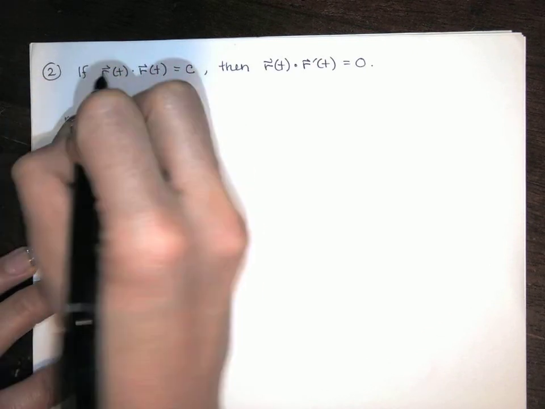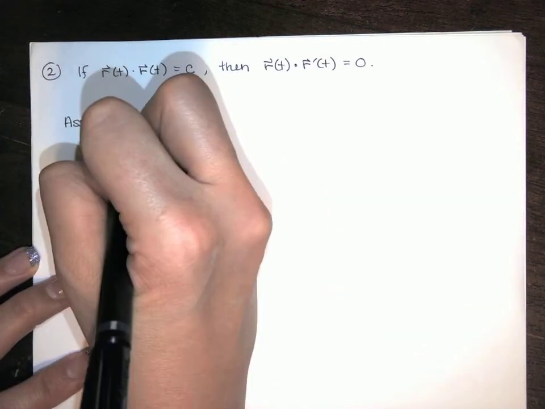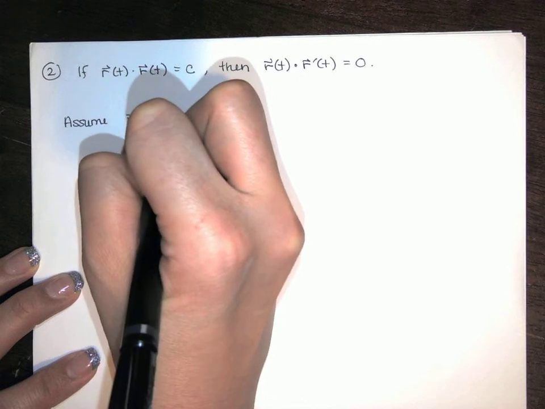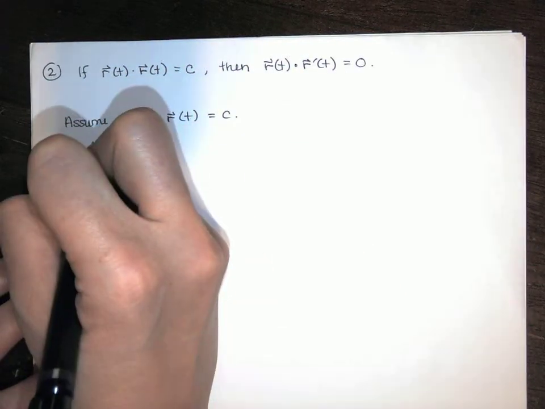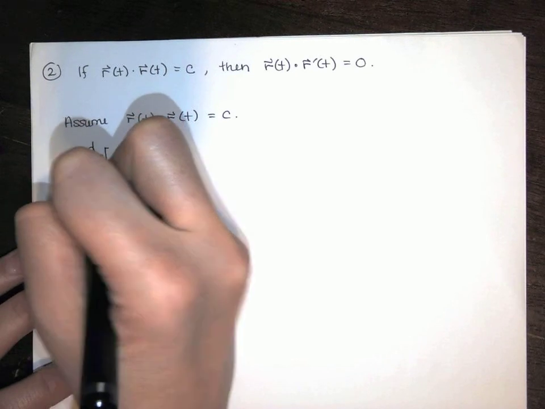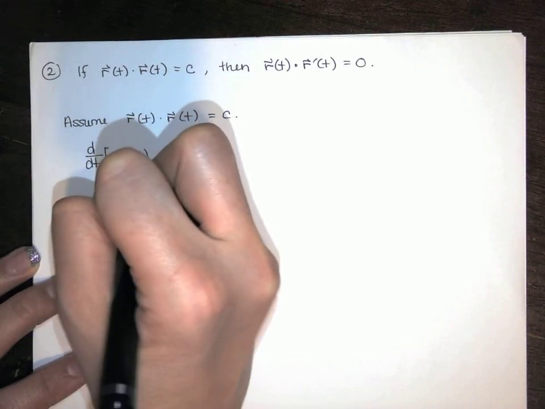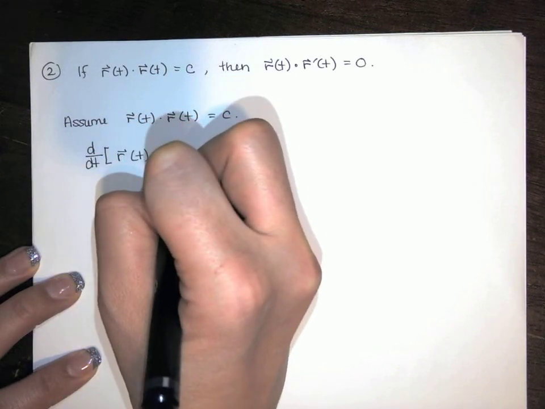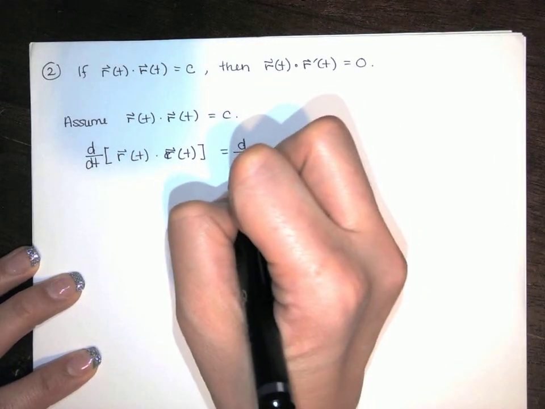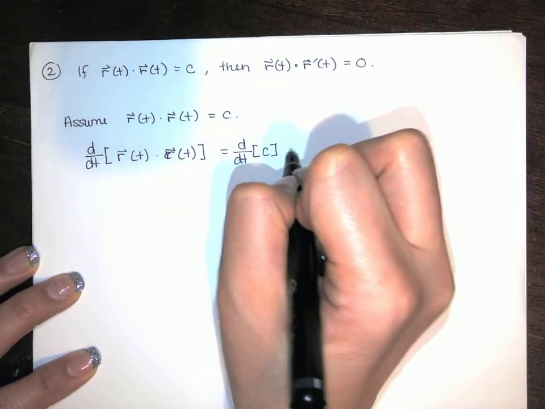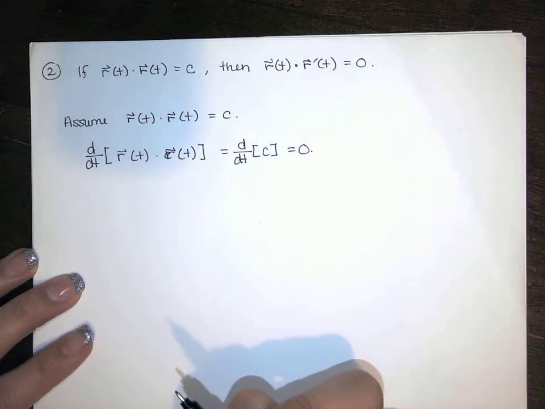We always want to assume the if part of this statement. So assume that r dotted with r is a constant. Then if I take the derivative of r dotted with r, I'm just taking the derivative of a constant. And we know the derivative of a constant is 0.